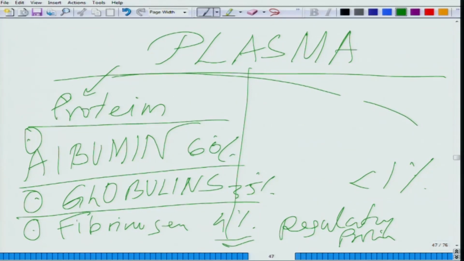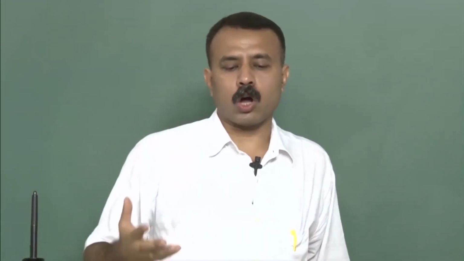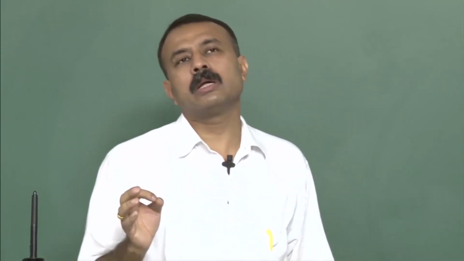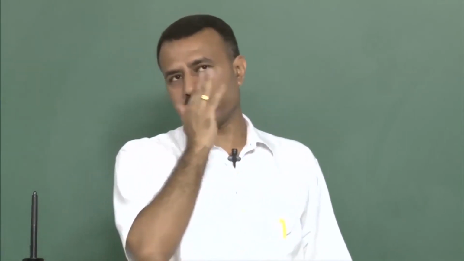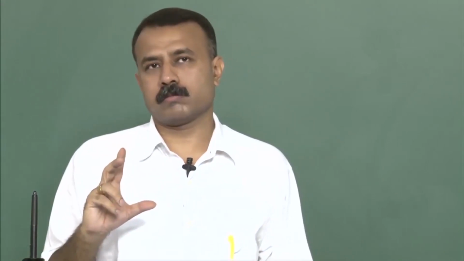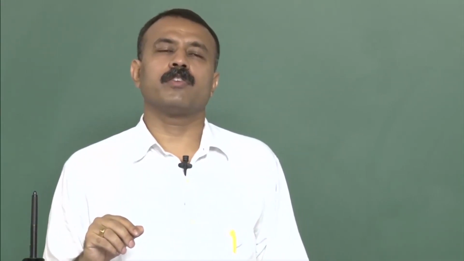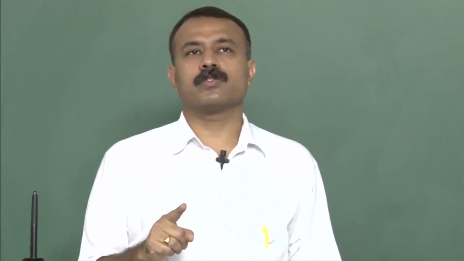You have the huge chunk of albumin, globulins, fibrinogen, and a series of hormones and proenzymes. And the concentration of these different proteins varies under different conditions of your body, different physiological status and different pathological status of your body.